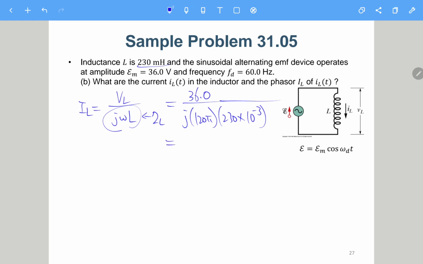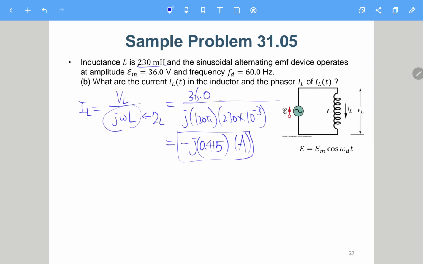This is negative j 0.415 A. This is a phasor.